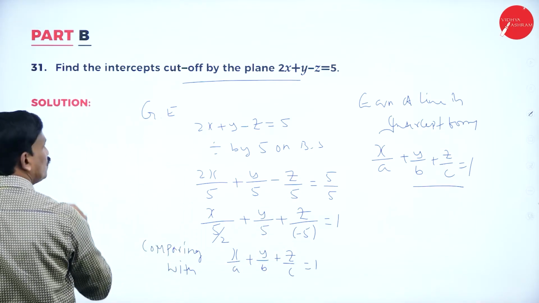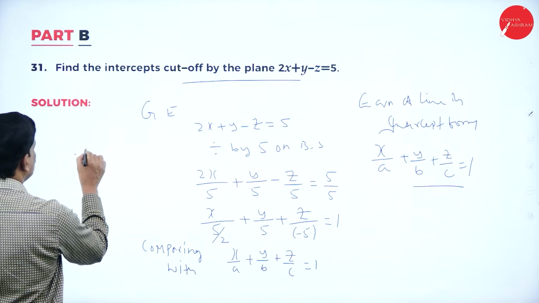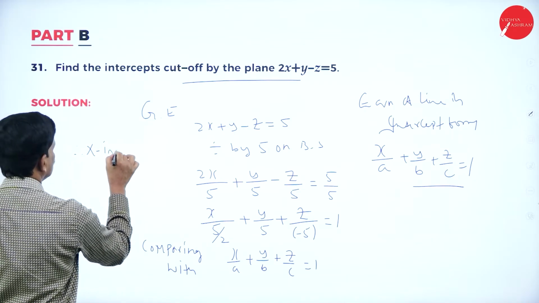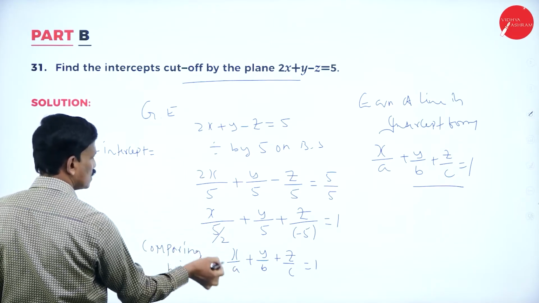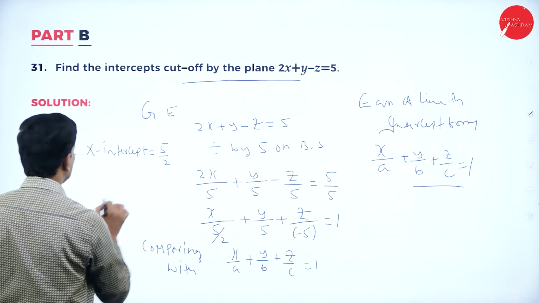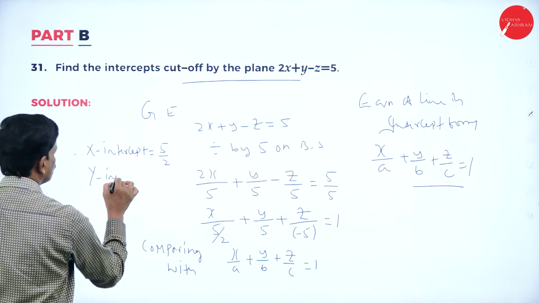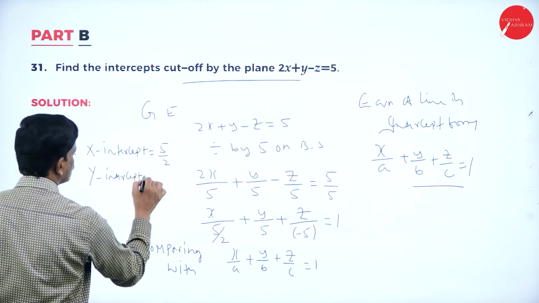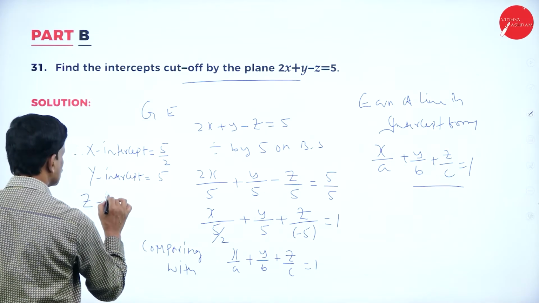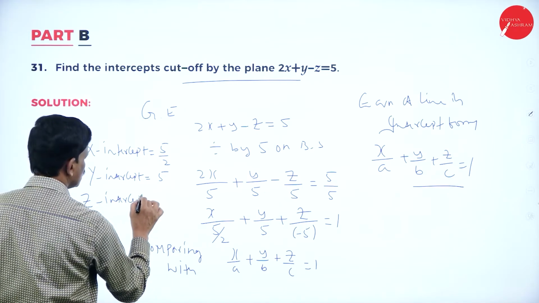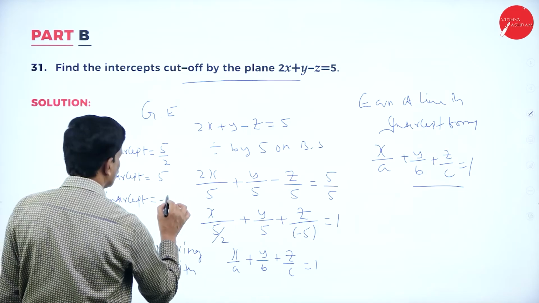So the x intercept is a, that is equal to 5 by 2. The y intercept is nothing but 5, and the z intercept is equal to minus 5.